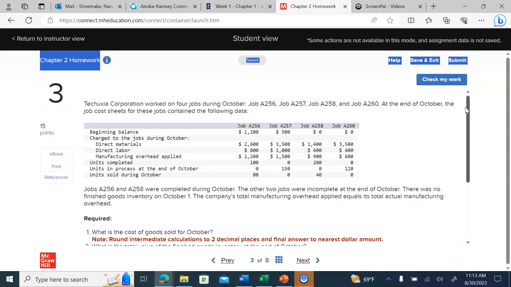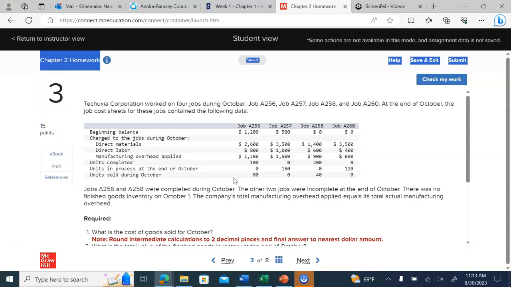At the end of October, the job cost sheets for these jobs contained the following data. So it tells us for this job A 256, the beginning balance, the charge to jobs during October in the direct materials, direct labor, and manufacturing overhead, units completed, and units sold.